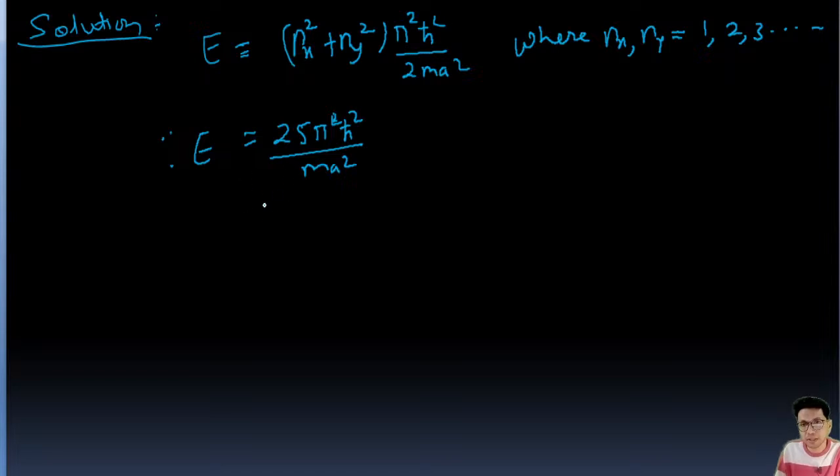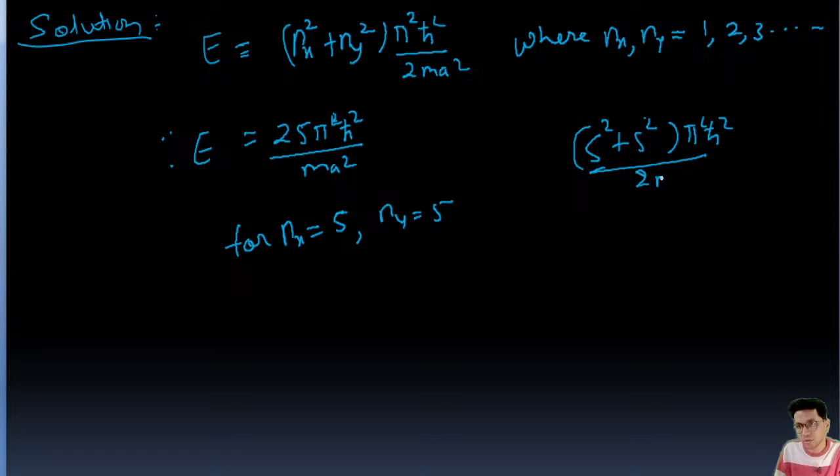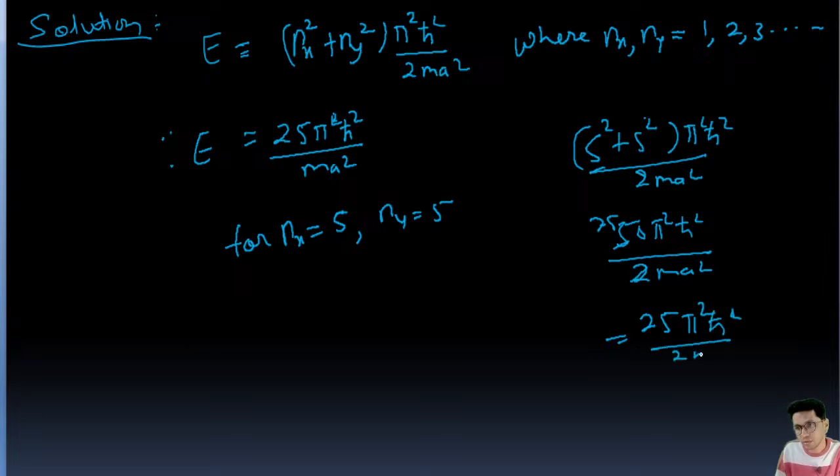It is clearly seen that for nx equal to 5 and ny equal to 5, we get it. Putting nx equal to 5 and ny equal to 5, it is 25 plus 25, that is 50, pi squared h cut squared upon 2 m a squared. The 2 cancels with the 50 to give 25, so this is 25 pi squared h cut squared upon m a squared.